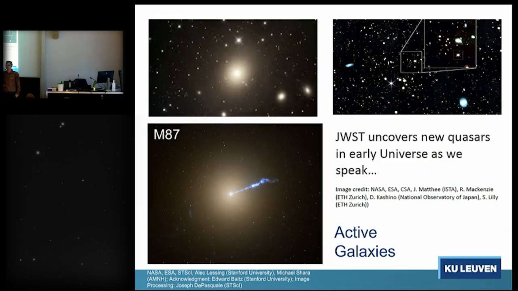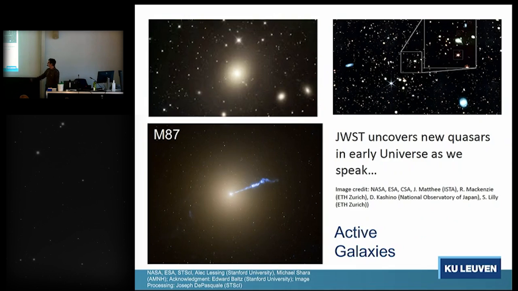Nowadays, we typically call such systems quasars. And for example, here again, M87 is a nearby active galaxy, where we can actually resolve the host galaxy. We also see a typical jet coming out of it, which can be another telltale signature of active galaxies.